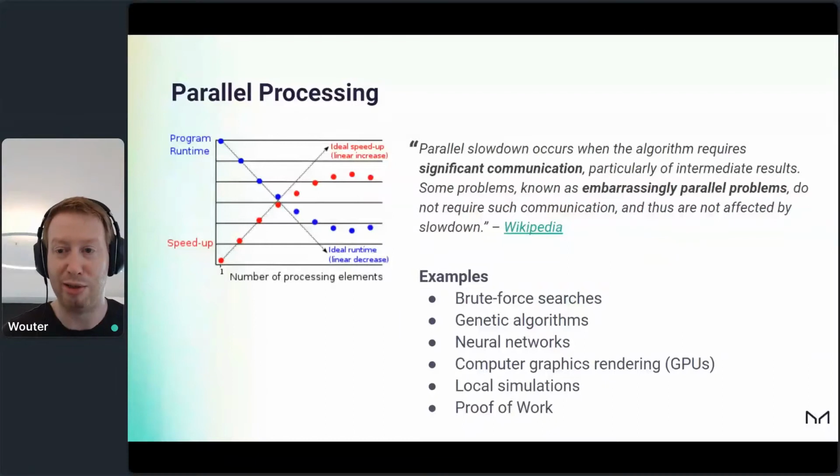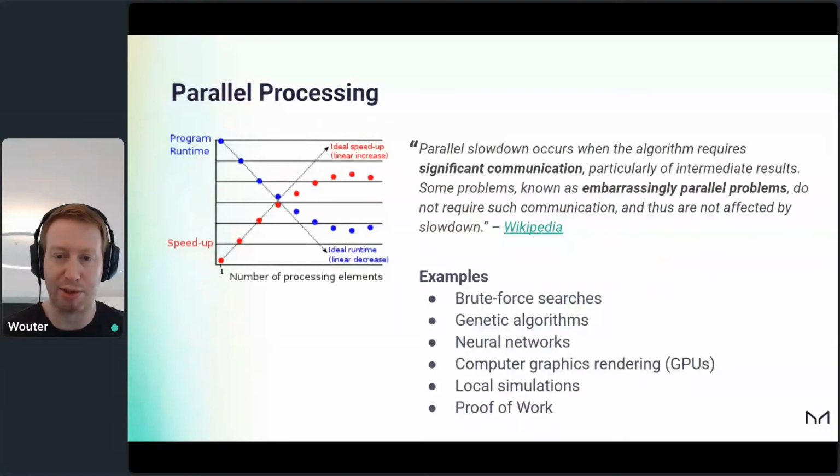There aren't many of those problems, and typically they're not the very practical things we're trying to achieve. They don't fall into those categories. You do see that as you add more processors, it becomes harder and harder to maintain high efficiencies.